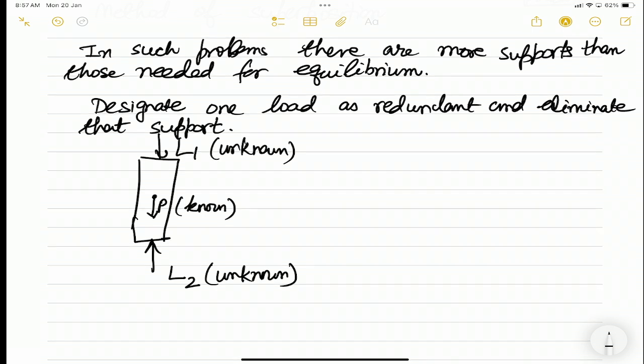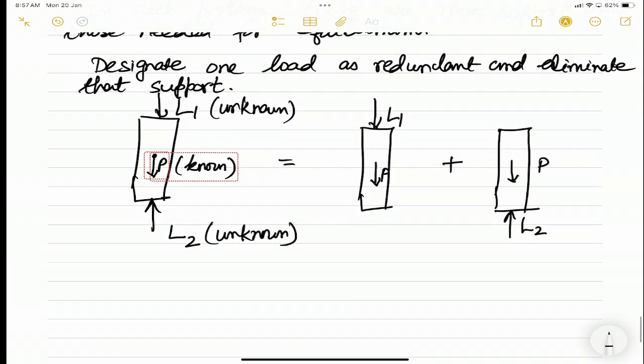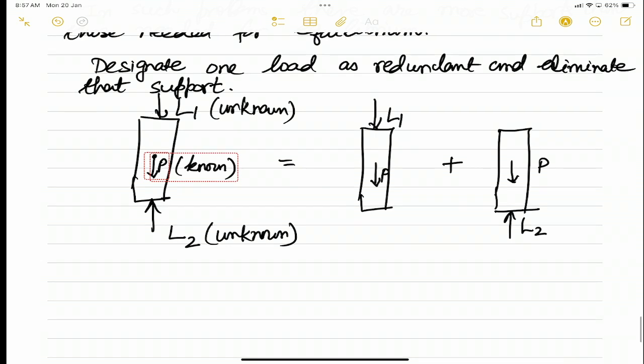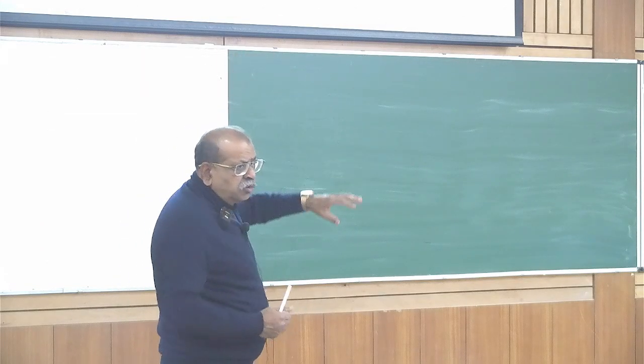So this you can write as equal to L1 and P plus... so we remove one of the supports, call it redundant, and do the other one.